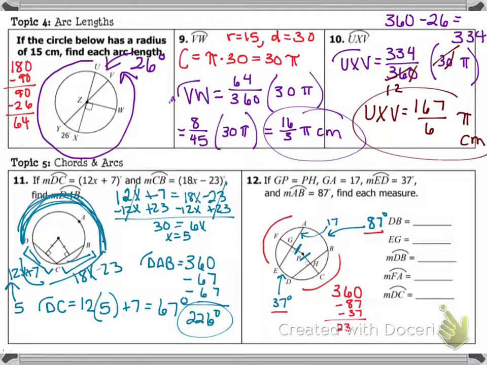That's 236 degrees. Then we know that arc DB and EA, this guy and this guy, are the same. So let's divide that exactly in 2, and I get 118 degrees.